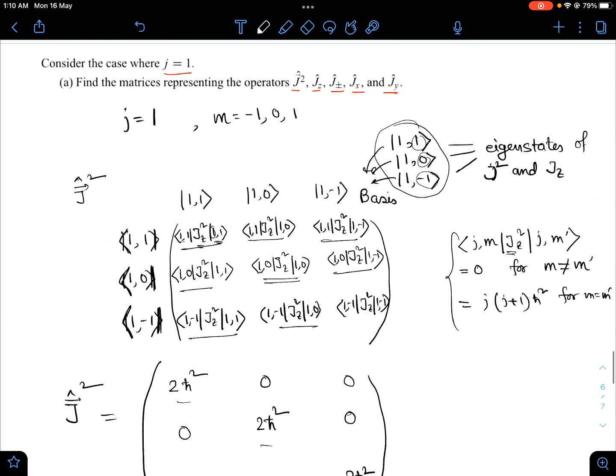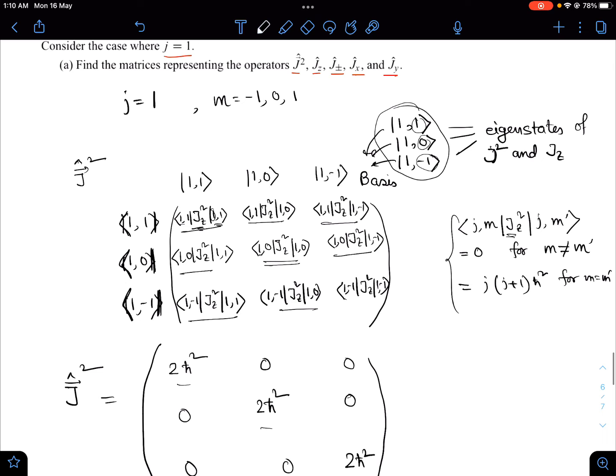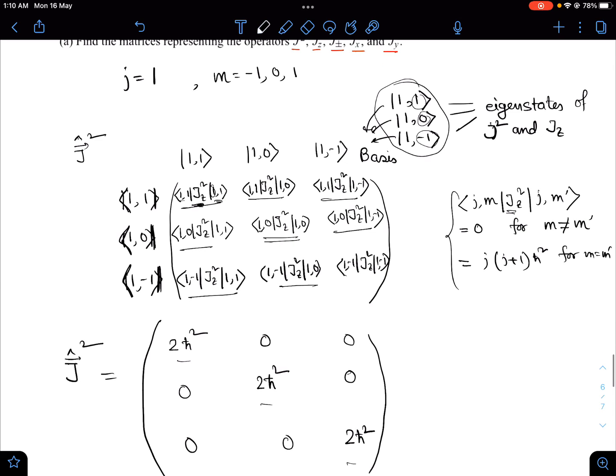Similarly, now we have to find the matrix representation of jz. The same is the case for jz also.